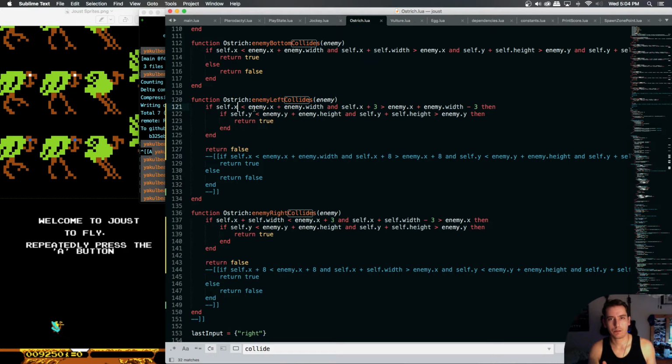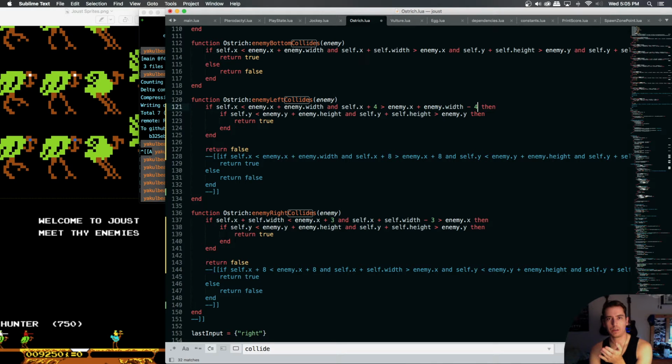And the right side of our bounding box, let's say X plus 4, would have to be greater than the enemy's width minus 4. So what is that? That doesn't do anything. The minus 4 negates the plus 4 on this side. So what are we trying to do here?